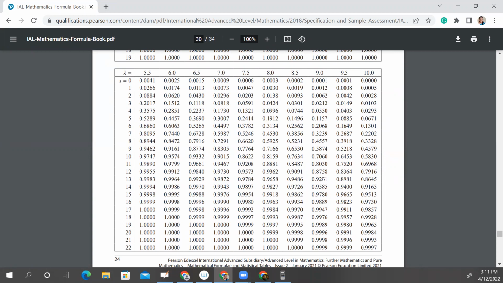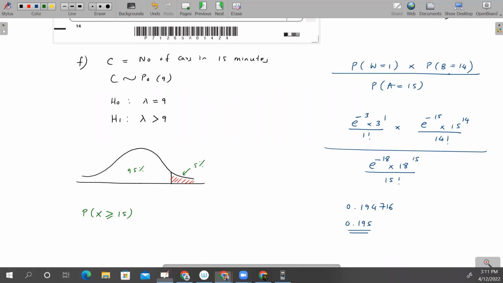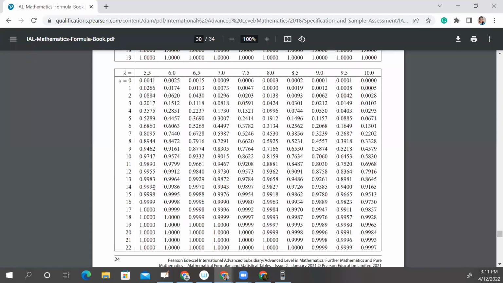0.9261 is 13, right? Can you all tell me both of that? Now you are testing for greater than. Remember, you're testing for greater than. So you should write here X is greater than or equal to 15, because what you got in the table was 14, 0.9585.